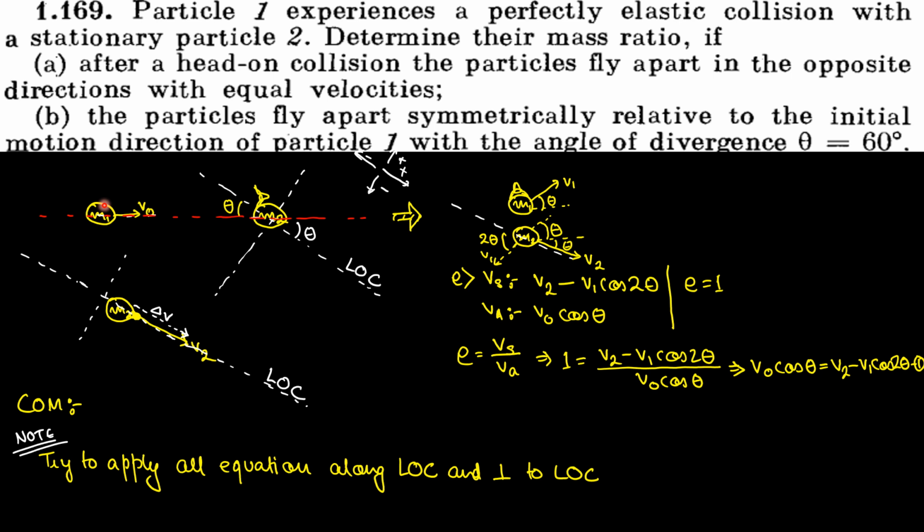So if I apply initial momentum, m1 v naught cos theta i cap. This is i cap, this is j cap, isn't it? m1 v naught cos theta i cap, and along this direction, perpendicular to the line of collision, is m1 v naught sin theta j cap.